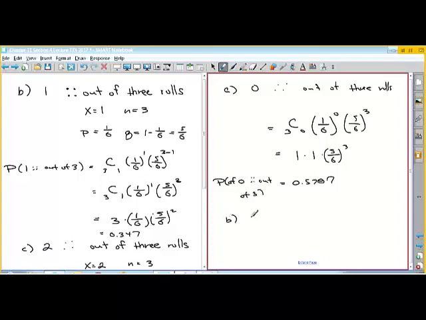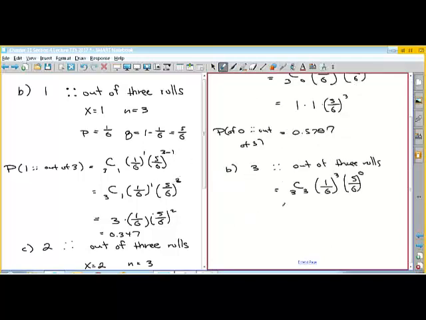And then part D was probably 3 4s out of 3 rolls. That's the least likely thing to happen. And so that's going to be 3 things taken 3 at a time, 1/6 raised to the 3rd power, and 5/6 raised to the 0 power, because it's 3 minus 3. I left this step out. I just gave you the answer automatically.